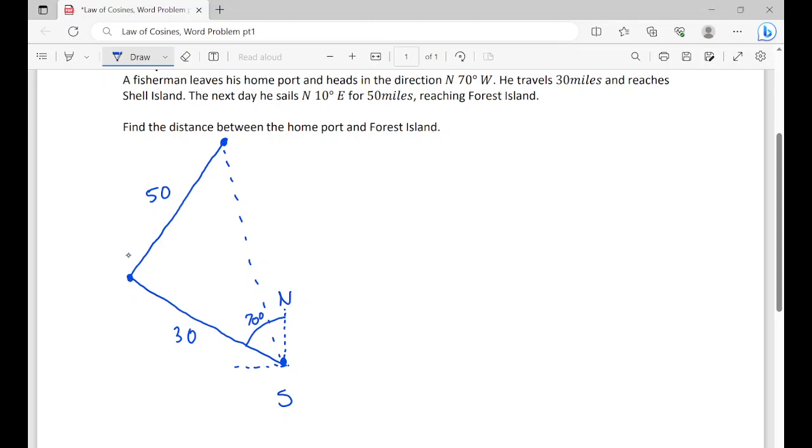And then from Shell Island, again, we have our north and south here. It says north 10 degrees east. So this here is 10 degrees. And then we get here. So that's all it gives us to figure out the distance from Forest Island, the northernmost island, to our home port in the south. So how do we do this?